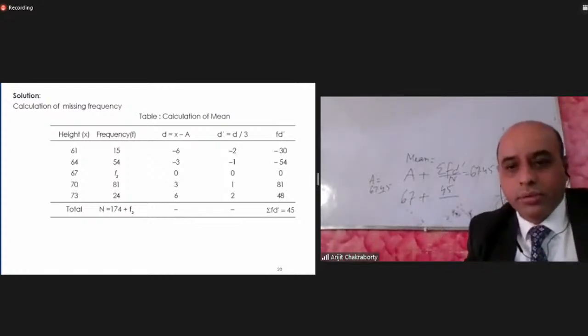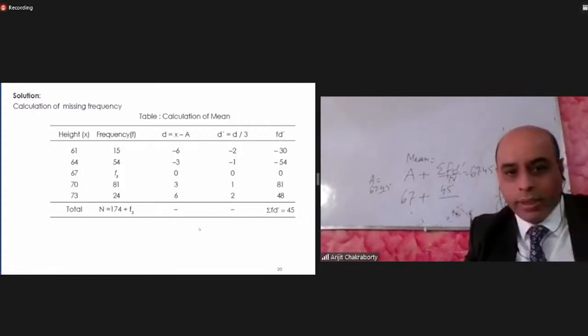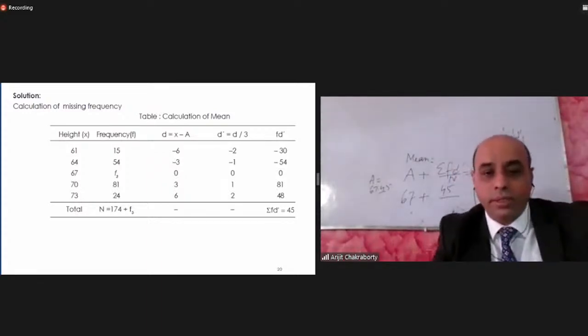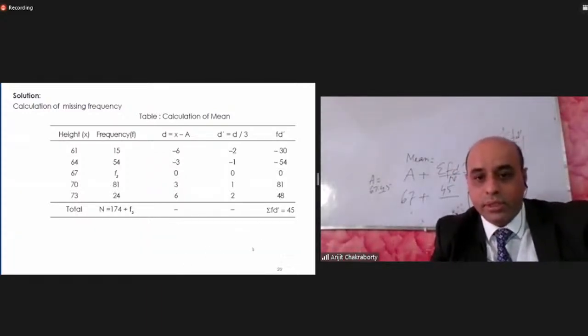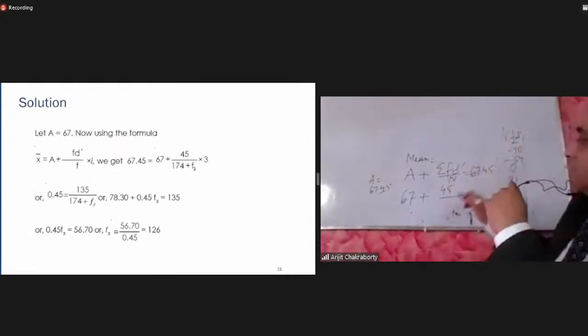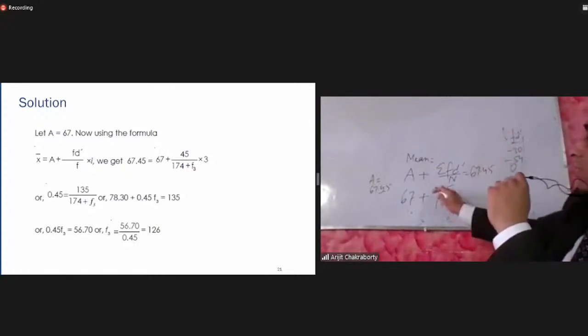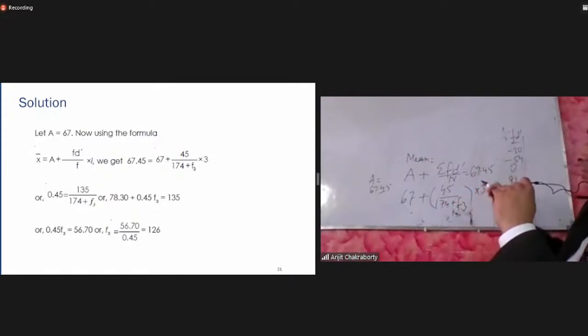Now what is the value of n, the total frequency? It is 174 plus f3, because f3 is not known to us. So I can write 45 divided by 174 plus f3. But since we have divided by the class interval, we have to multiply again by 3.